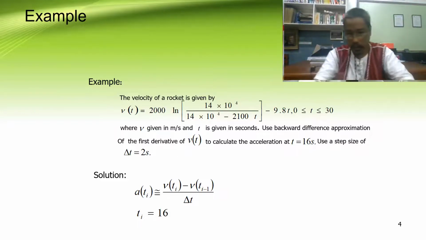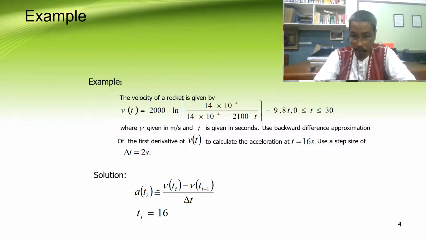So it is the same. You can recall. Let us find this out by recalling our previous sample regarding backward difference approximation or BDD. So if that is the case and the velocity function is given, we can find a function for acceleration.